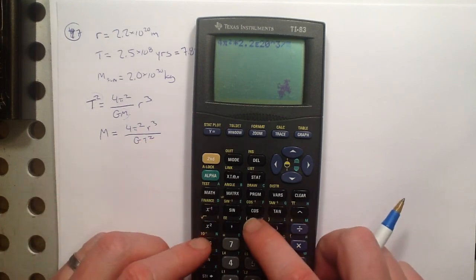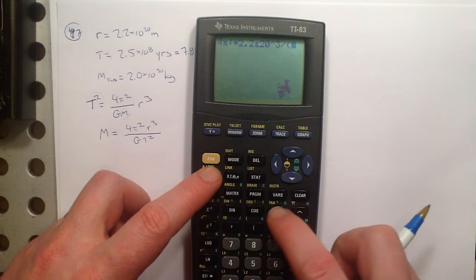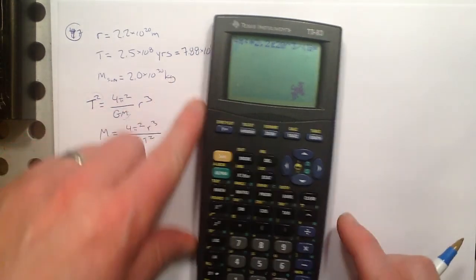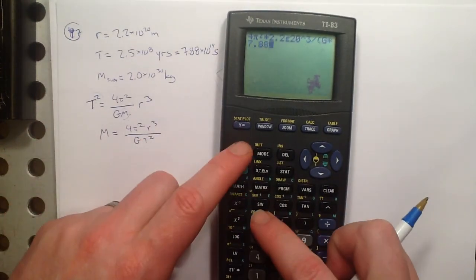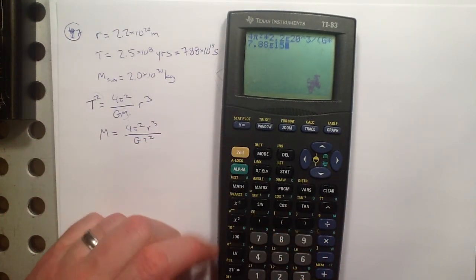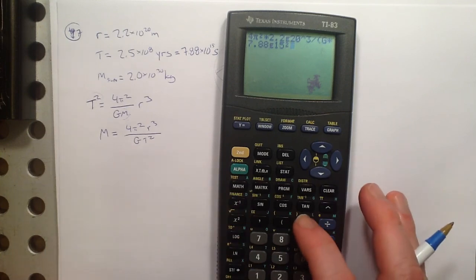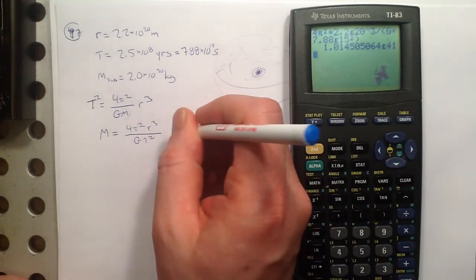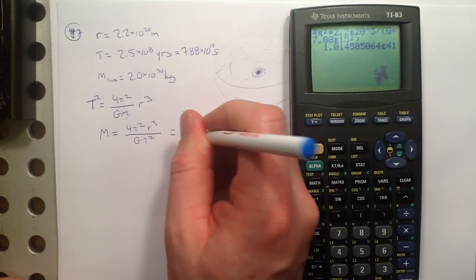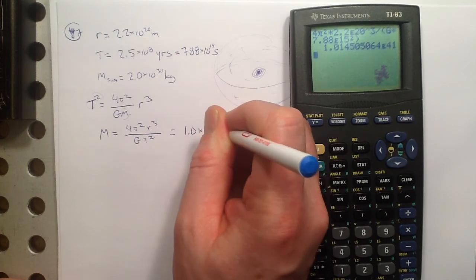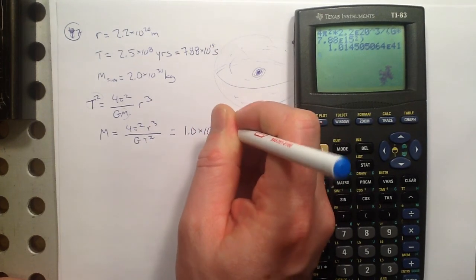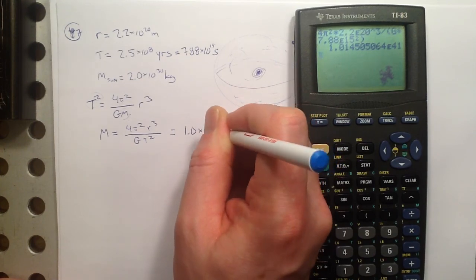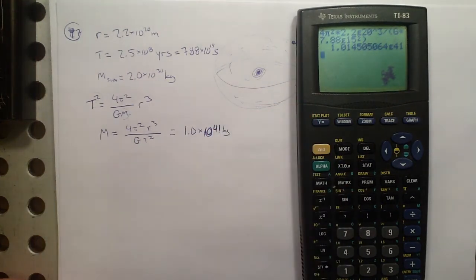Divided by, in parentheses on the bottom, G times the period 7.88 E15 squared. I think I got everything in there, right? And that gives me that the mass of the galaxy, and we're just approximating, so I'm just going to call that 1.0 times 10 to the 41 kilograms. Sorry, that's my exponent there.